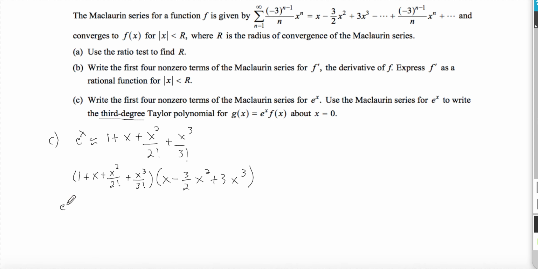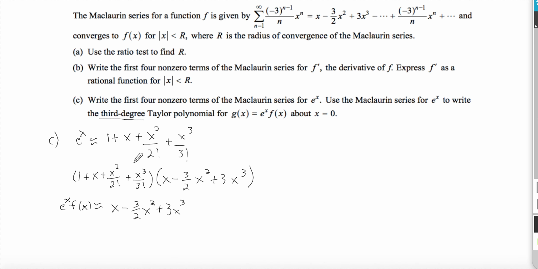So e to the x times f of x is going to be approximately equal to 1 times all of these, so I'm just going to write them all down. x minus 3 halves x squared plus 3x cubed. Now let's see what happens when we FOIL x in.